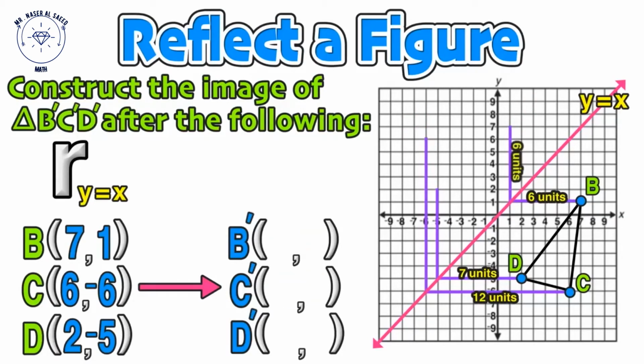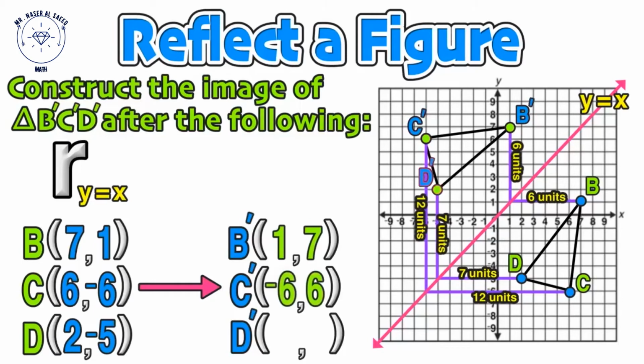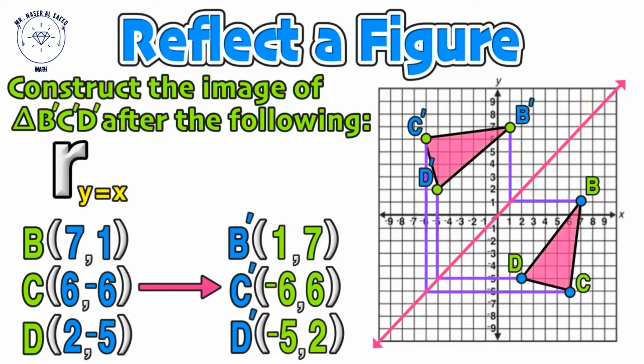By matching the same number of units from each corresponding point, we can find the corresponding coordinates of B prime, C prime, and D prime. Finally, we can construct the reflected figure. The coordinates of B prime are (1, 7), the coordinates of C prime are (-6, 6), and the coordinates of D prime are (-5, 2).